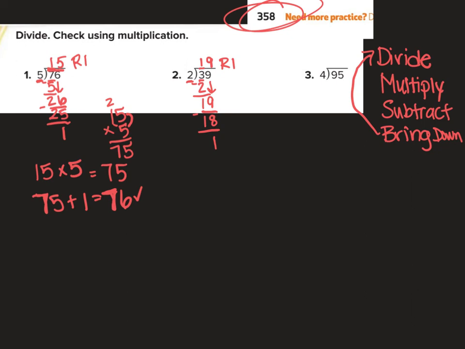Let's do one more for good measure. 95 divided by 4. So first I'm going to do 9. Divide. 9 divided by 4 is 2. Multiply. 4 times 2 is 8. And subtract.